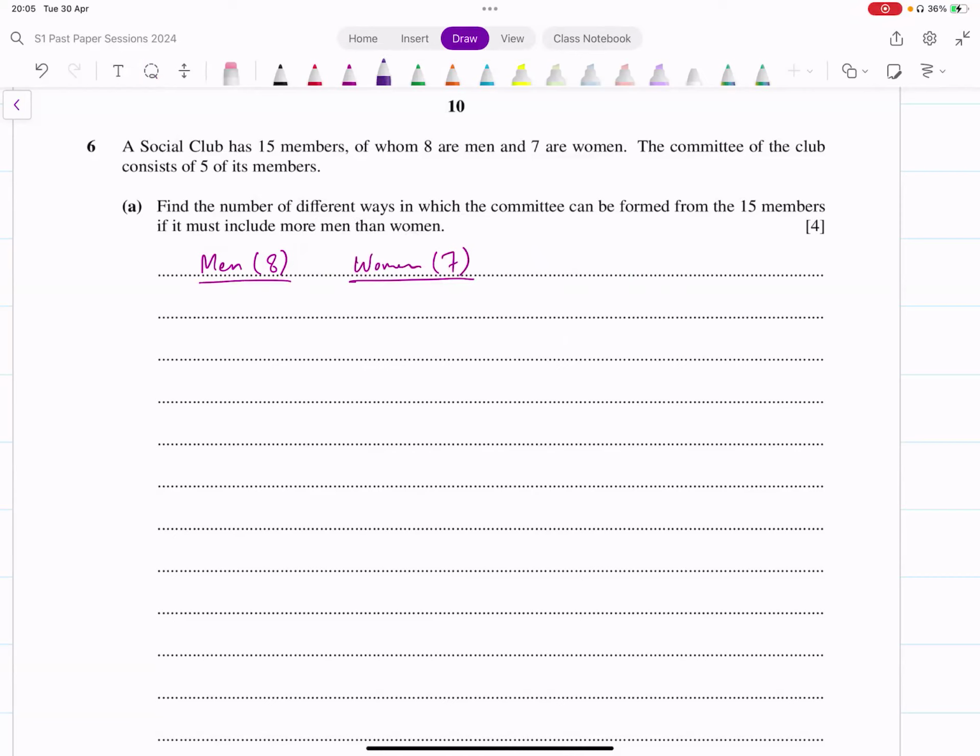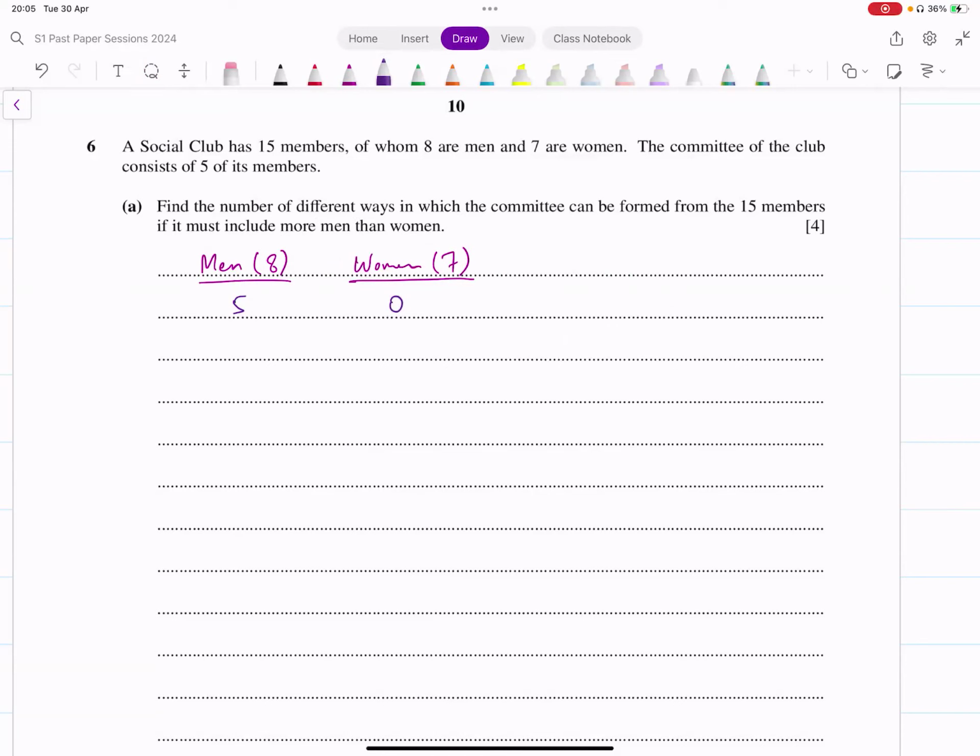What are the possibilities? One possibility is that you have 5 men and 0 women, because 5 is also greater than 0. You also consider this case. There's no condition that says it has to be at least 1 woman.